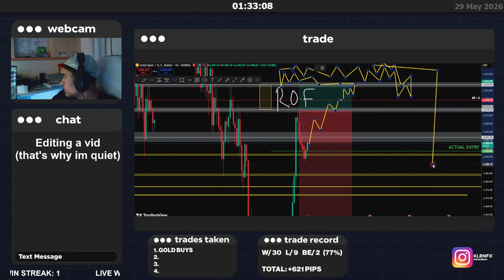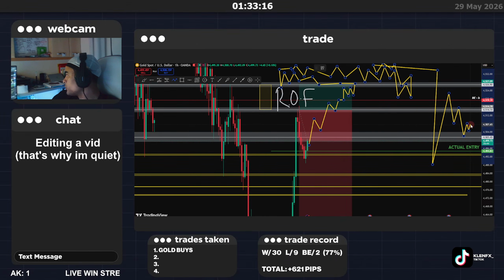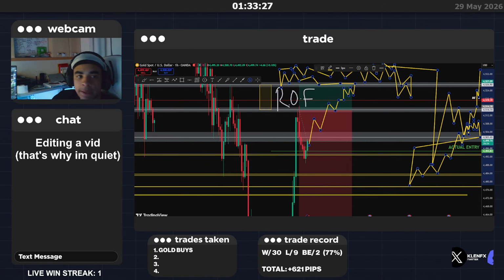Straight across: liquidity, bang, structure. Hits stop, hits support level. You think it's going to reject a little bit? Oh no, what does it do? Comes back to support to the left, and then starts structure from there, and then continues price all the way along here. Makes sense to me. I don't know.